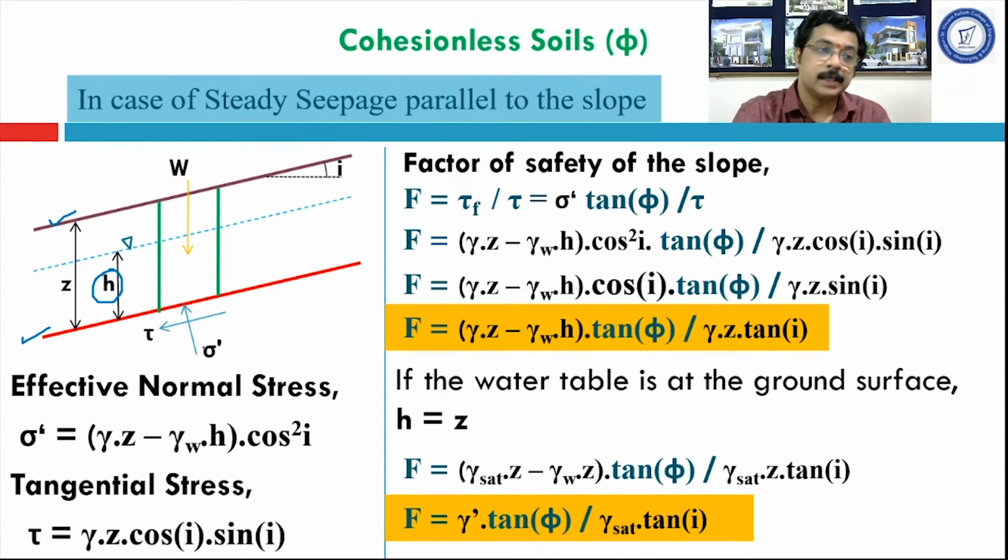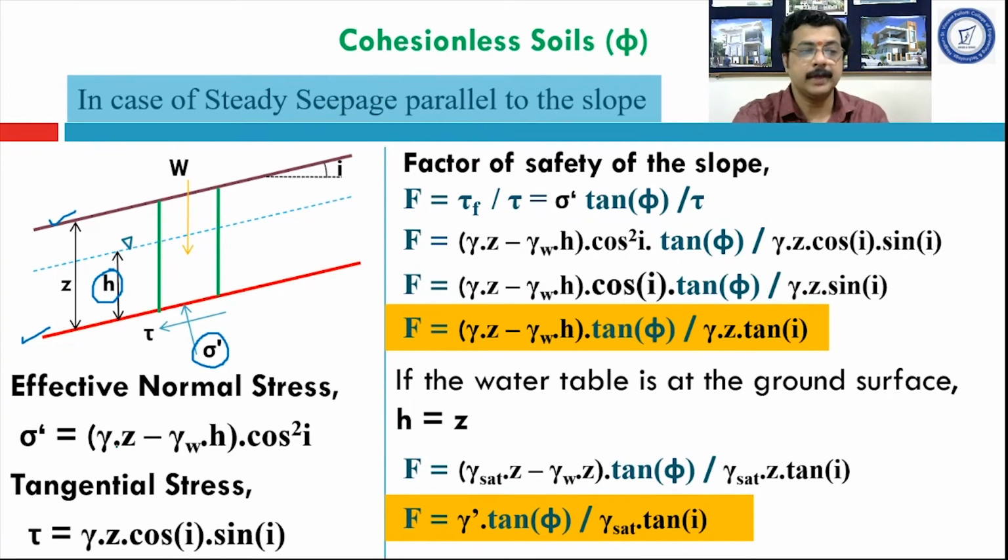But in this case the normal stress which we are calculating is not the total stress, it is the effective stress. What is total stress? That total stress consists of stress due to soil, and also stress due to the water present in the soil. But when we speak about the effective normal stress, we ignore the stress due to the presence of water.